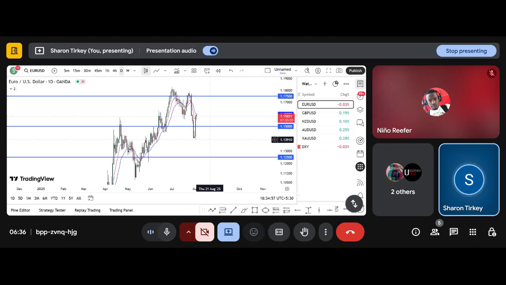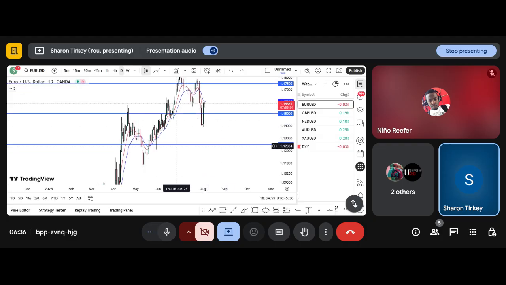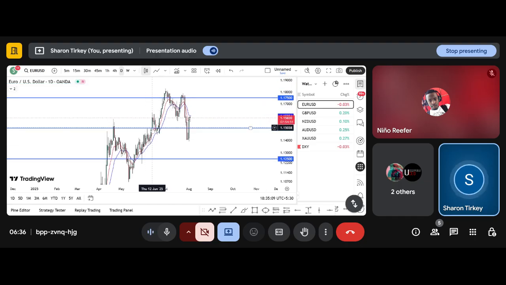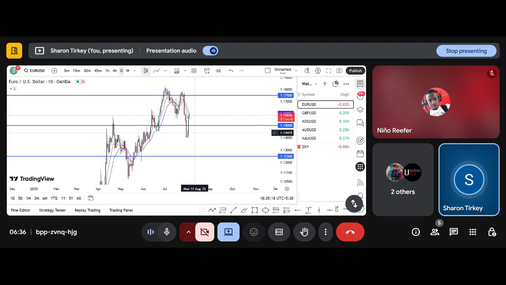Okay, so here you see in the market the price is going in an upward direction. Here it comes to the support level for the retest, then goes upside. Here it comes again to this support level for the retest, then goes upside. Now here the trend has changed, so that's the reason it is going downside.